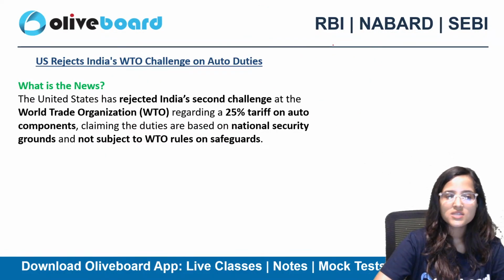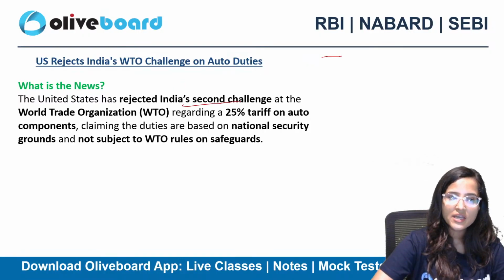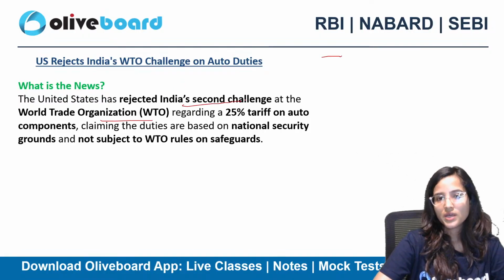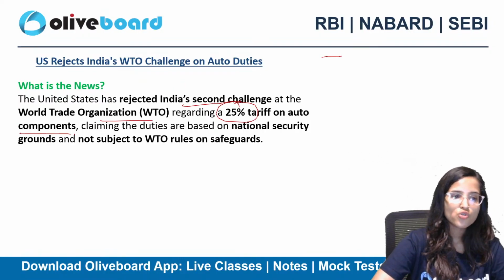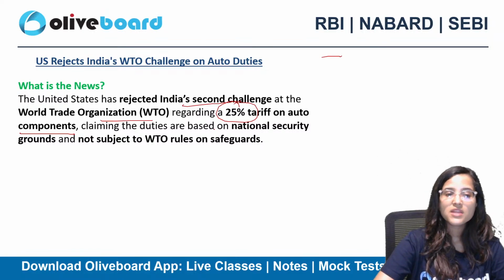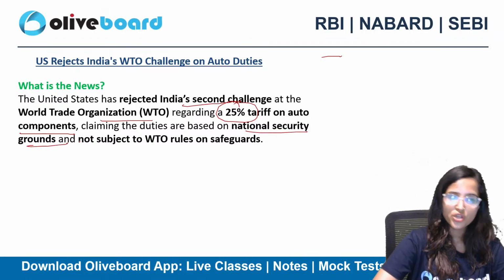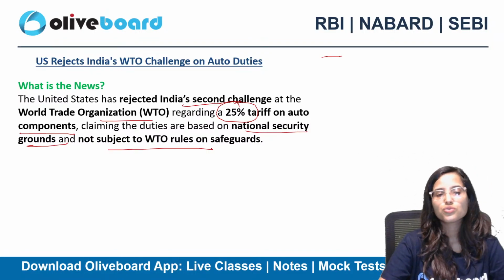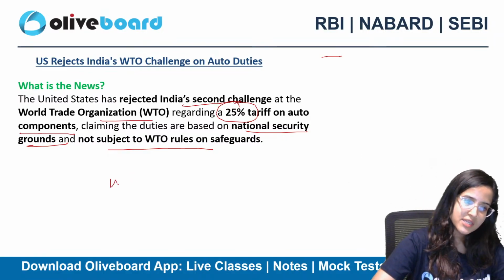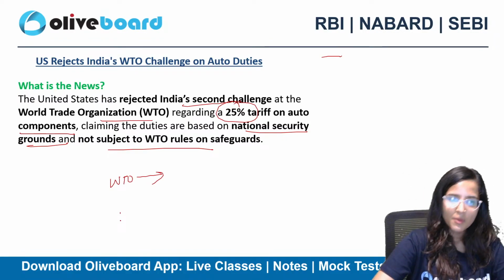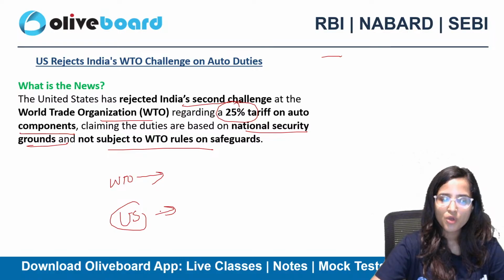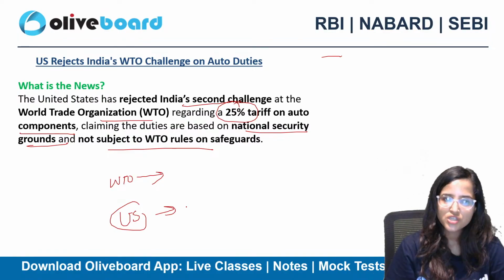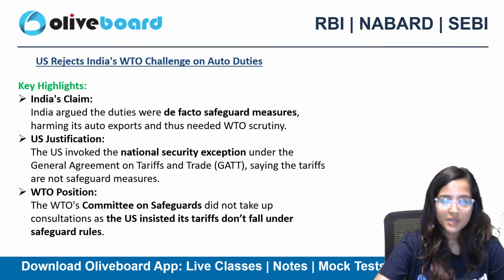So now what is the article? US has rejected India's second challenge at WTO regarding the 25% tariff on auto components, claiming that the duties are based on national security grounds, not subject to WTO rules on safeguards. So India said that WTO needs to scrutinize, but US is saying, nahi bhai, it is because of national security concerns.